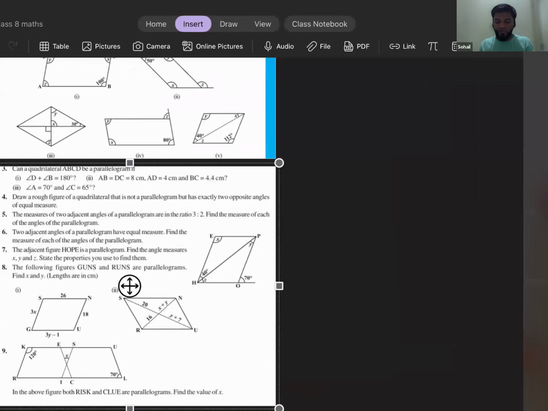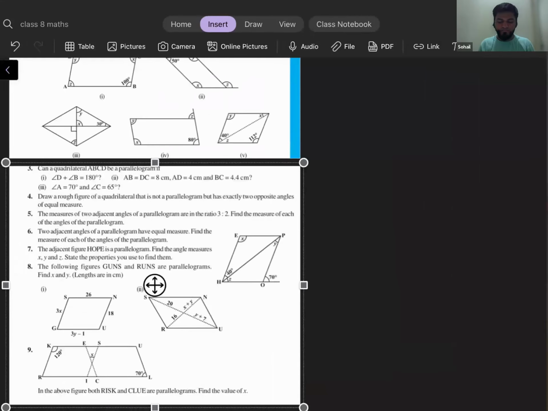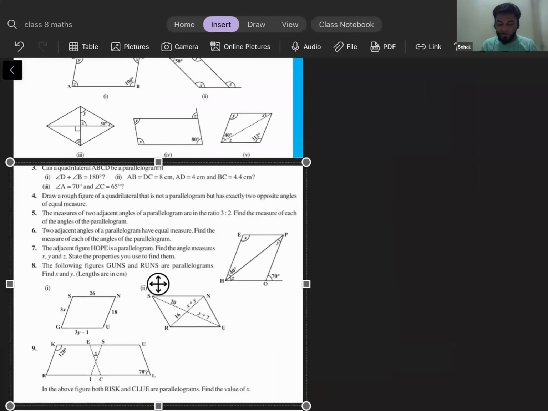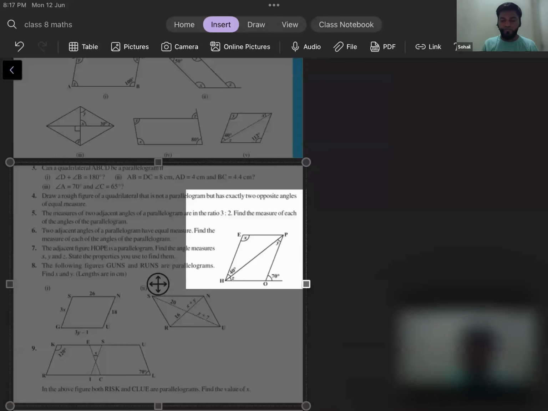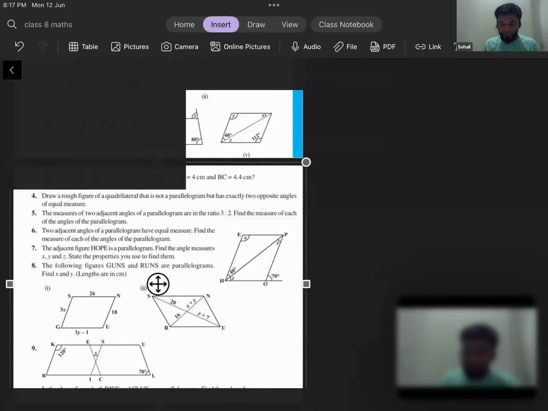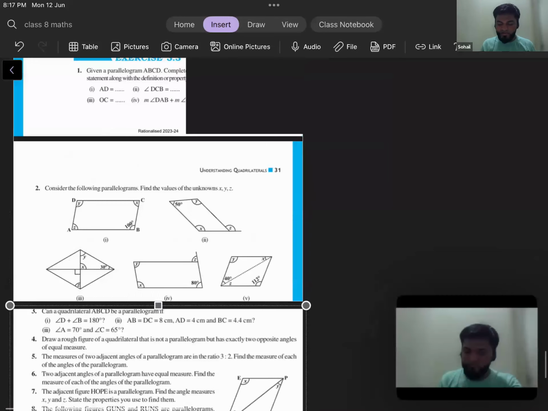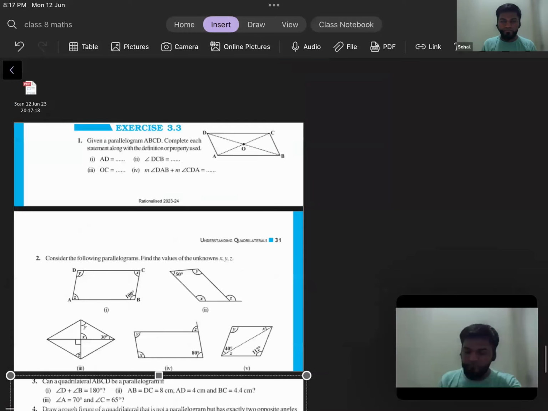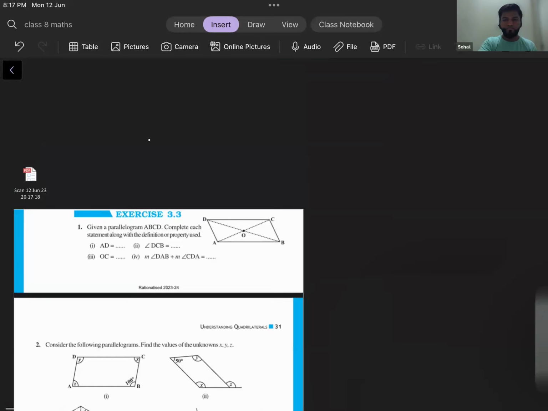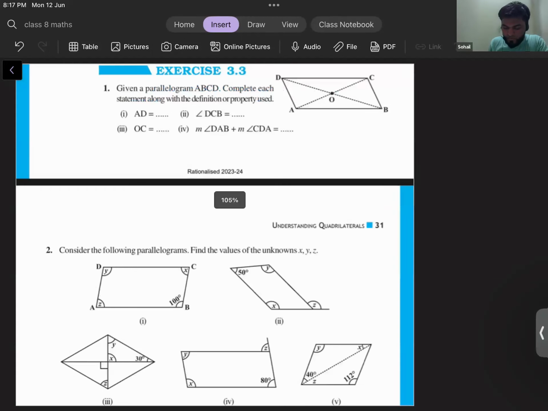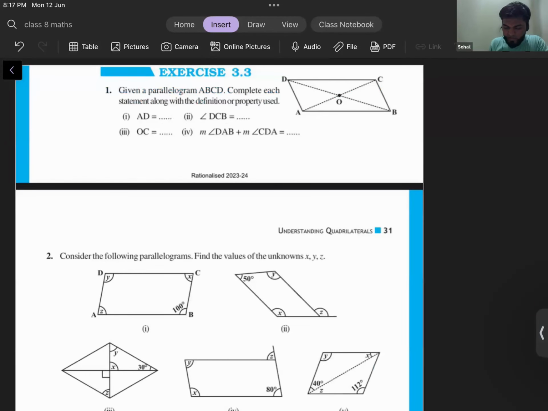See the first question here. The parallelogram ABCD is given here, and you need to complete the statement along with the definition of the property used. The first option is AD. AD is going to be equal to which side in the given parallelogram?